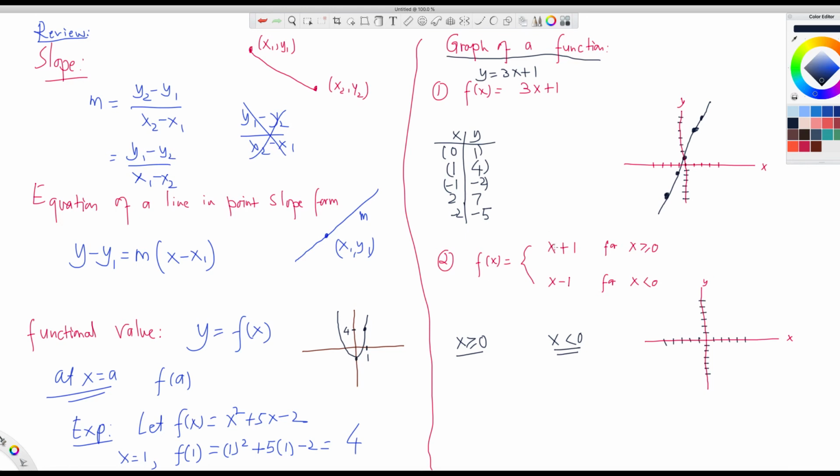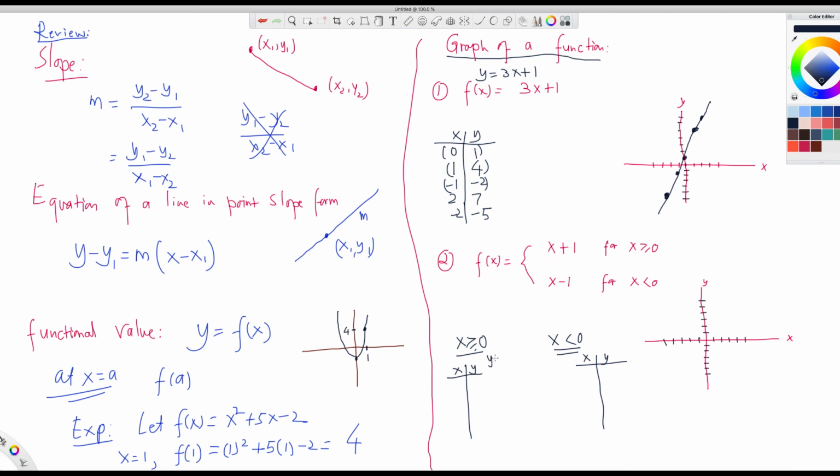Now, for x greater than 0, I will be picking x values from that region only, meaning from the right side of 0 only. And for x less than 0, I will be picking the values to the left of 0 only, okay? And then plot the points that way, okay? For x greater than 0, the function is x plus 1, okay?